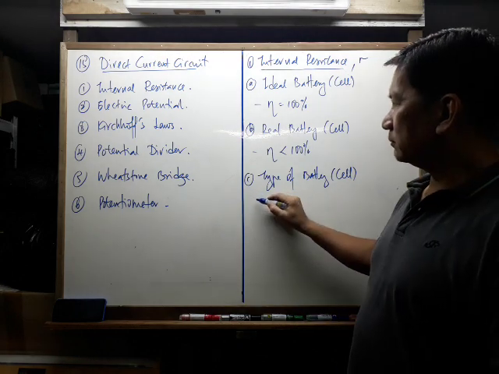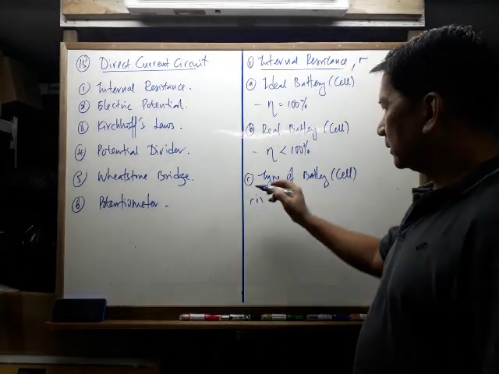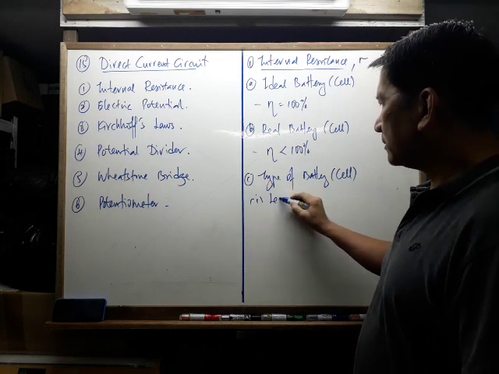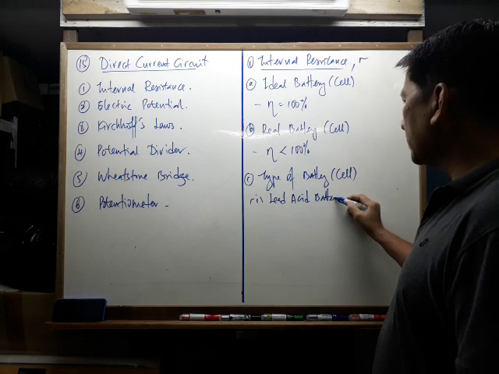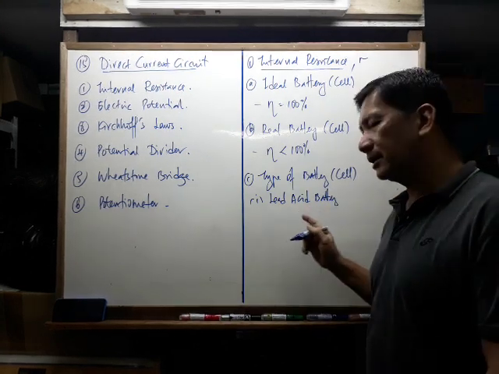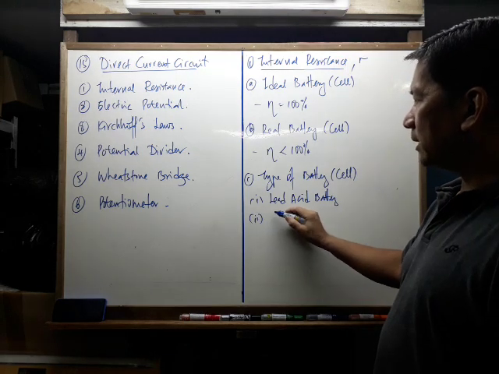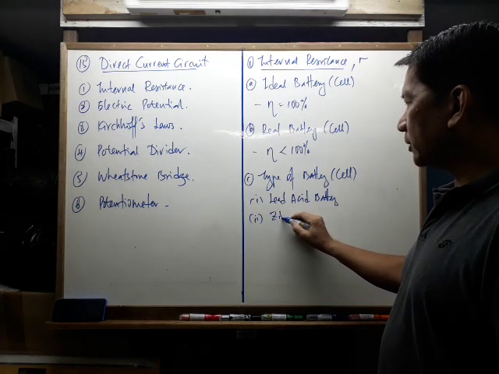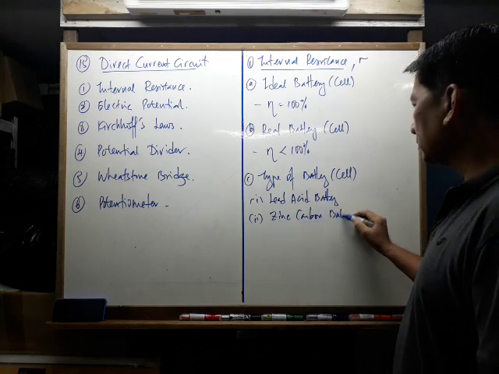The first type actually discovered is the lead acid battery, but of course this is another category because it is rechargeable. And then number 2 is the zinc carbon battery.